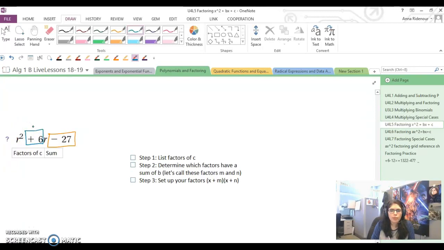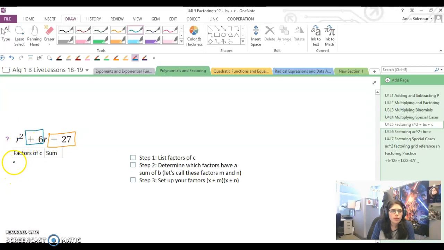If I have two numbers, one positive and one negative, and they add together to be a positive number, in this case, multiplying to negative 27 and adding to positive 6, that means the bigger number has to be positive. So you can eliminate half of your factors that you have to write out, and just look at the ones where the bigger number is positive.